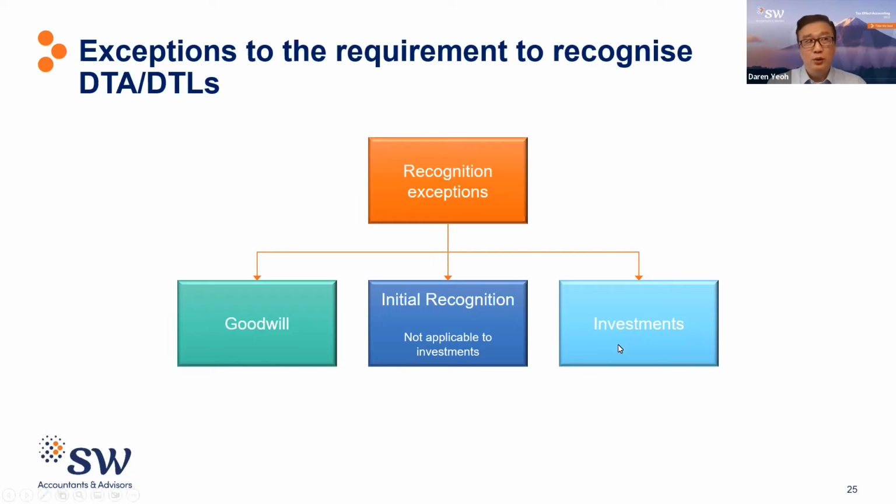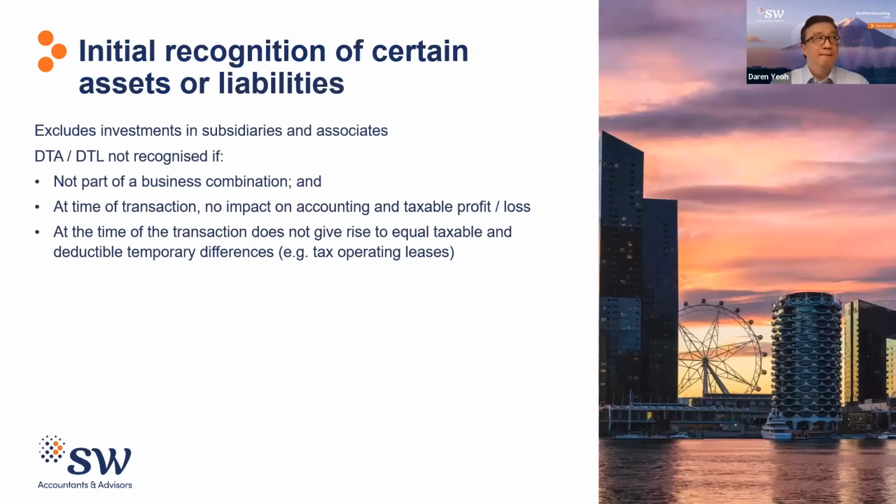The other two recognition exceptions are the initial recognition exception and the one relating to investments in your associates and subsidiaries. So we'll look at the initial recognition exception first. It obviously does not apply to investments because there's one specifically for them.